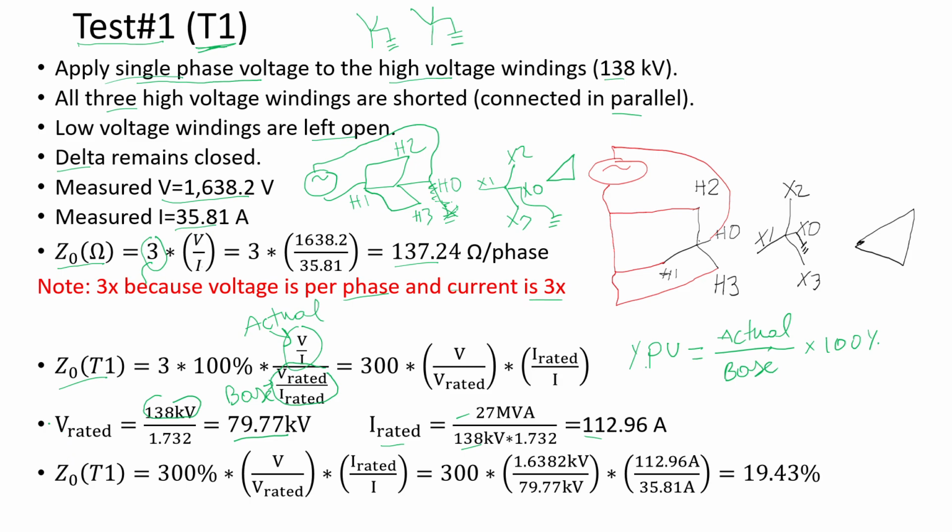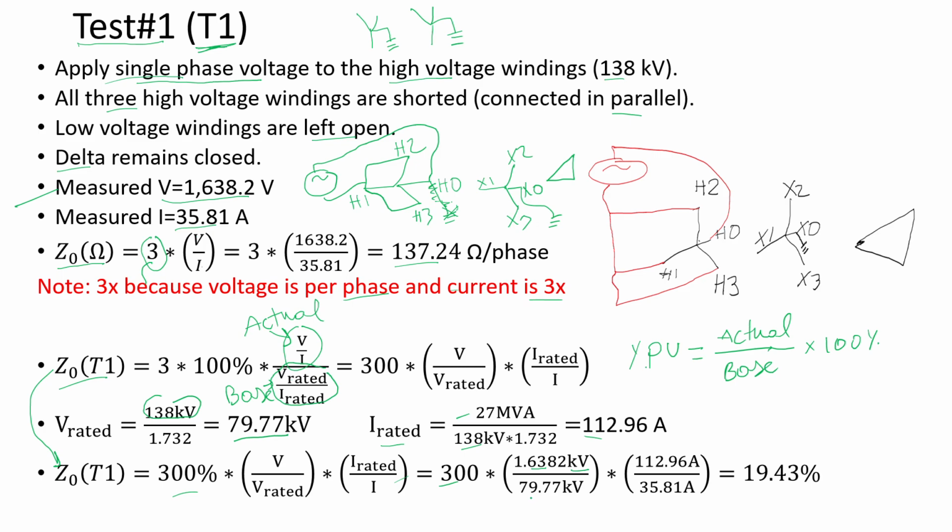So now I'm just going to plug the numbers into this equation. 300 times measured voltage divided by rated voltage, times rated current divided by measured current. So 300 times 1.6382. This is just the measured voltage. And notice I put the units that way. I'm consistent in this so I don't make a mistake, so they are canceling out nicely.